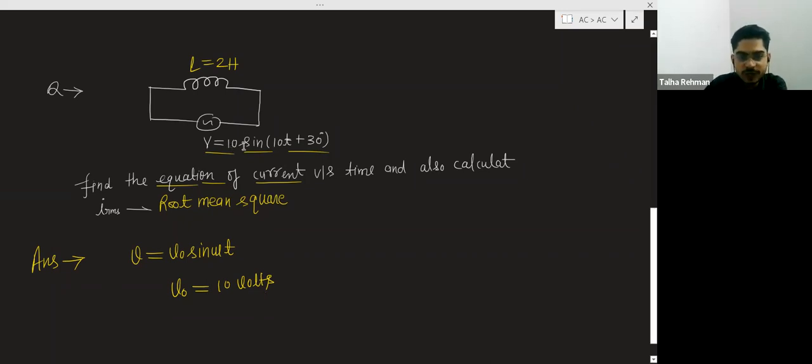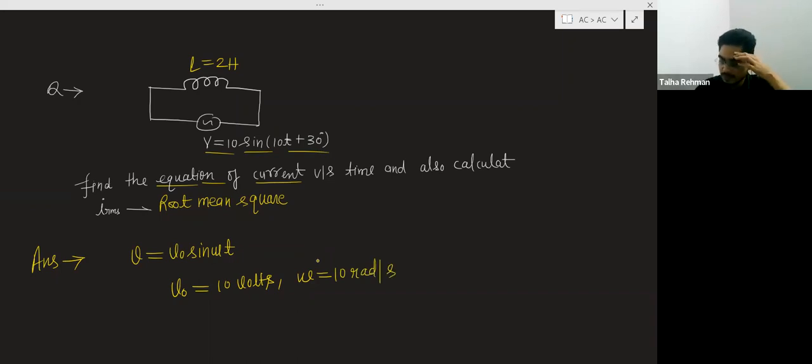So the peak value of the voltage we will get is 10 volt, and omega, the coefficient of the time, here is 10. Okay, so omega is 10 radian per second.